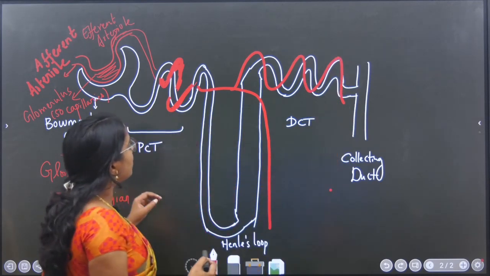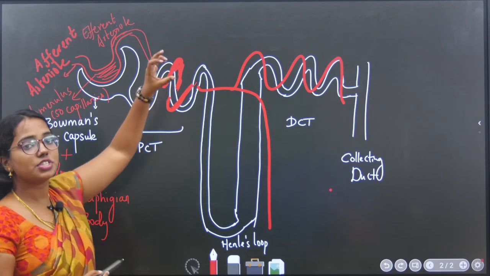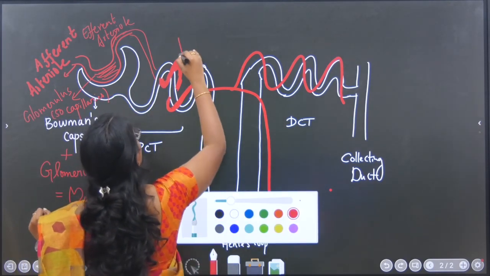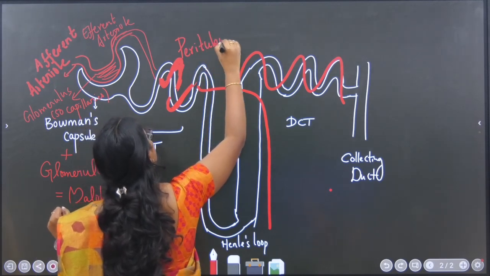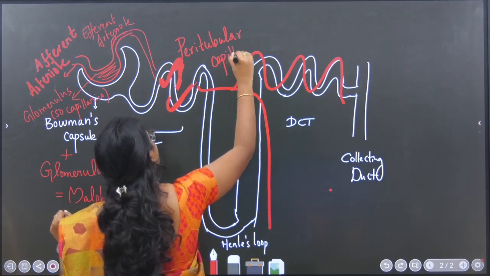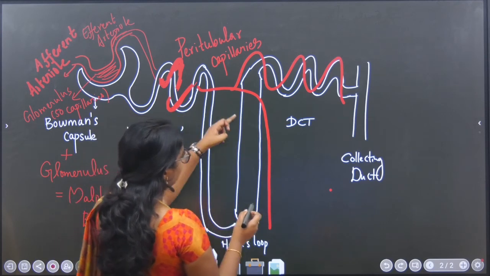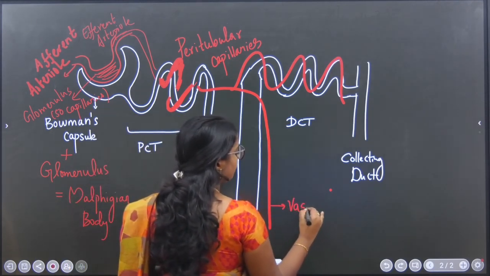So the blood vessel which surrounds the PCT and DCT is called peritubular capillaries. Peritubular capillaries, and the blood vessel which surrounds the Henle's loop is called vasa recta.